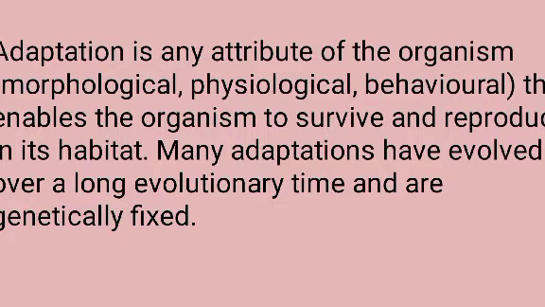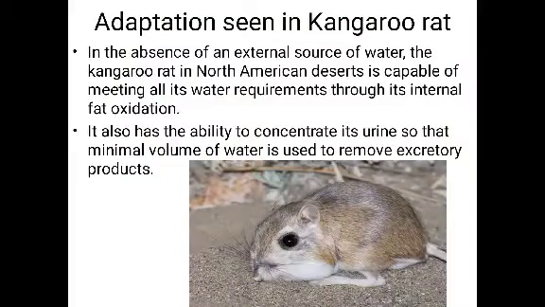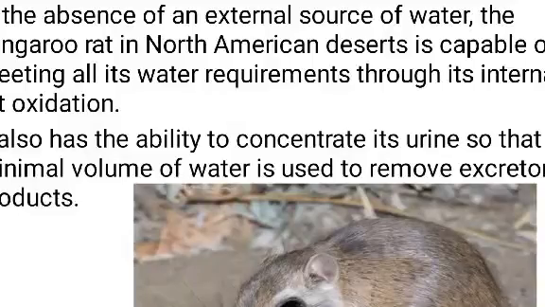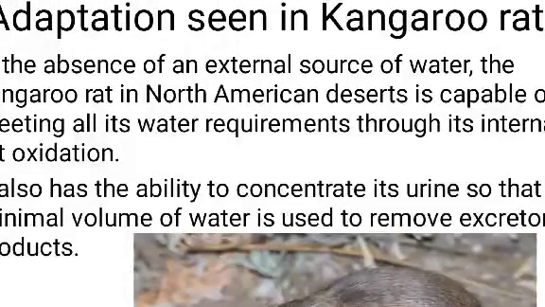Okay, now when we see about the adaptations in different organisms, they show different types of adaptation, isn't it? So one of the examples here is the adaptation seen in kangaroo rat. This kangaroo rat can be found in North American deserts, okay, and without water it is capable of surviving.